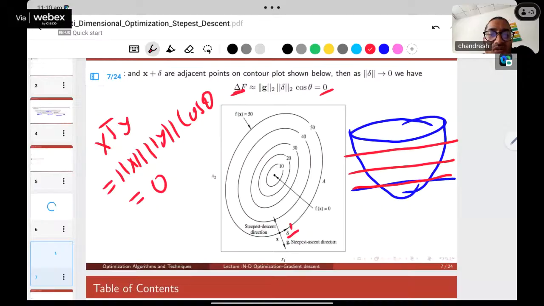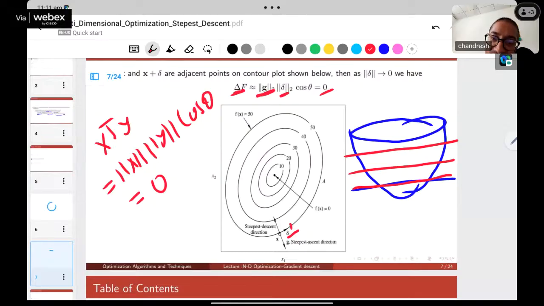What does it mean? The dot product of two vectors is 0, right? That means the two vectors are perpendicular. That means in our case, these two vectors, the g vector and the delta vector, are perpendicular.